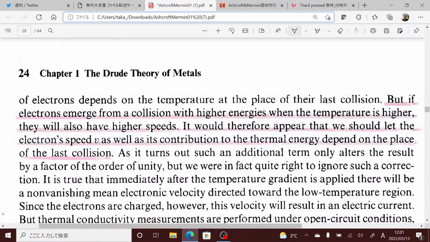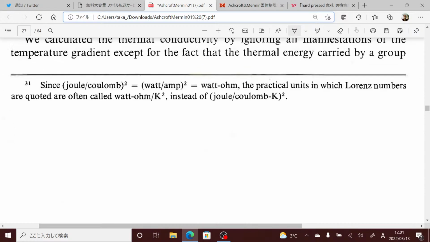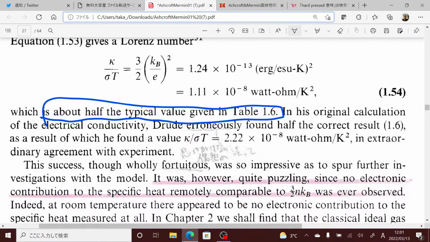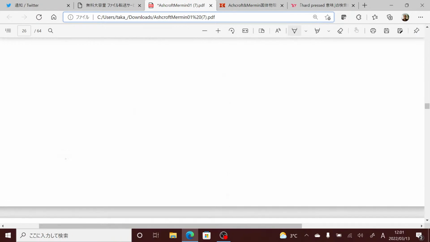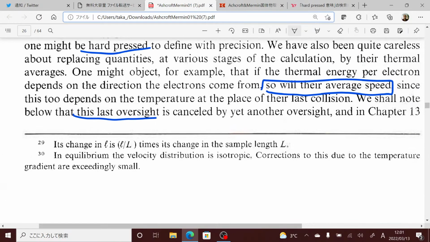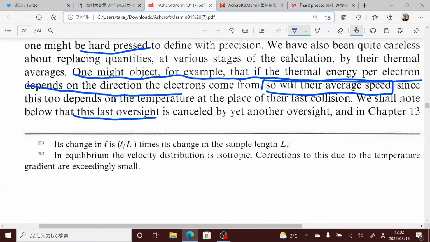of the last collision. Okay, I think this part is this one. Here he says, this part. One might object, for example, that if the thermal energy per electron depends on the direction electrons come from, so will their average speed, since this too depends on the temperature at the place of their last collision.